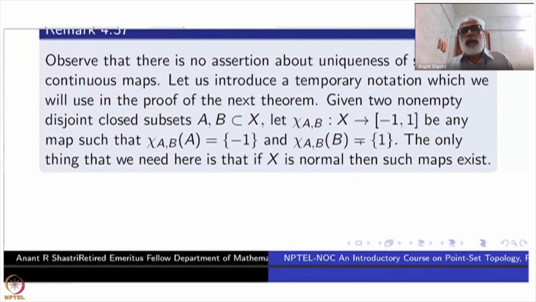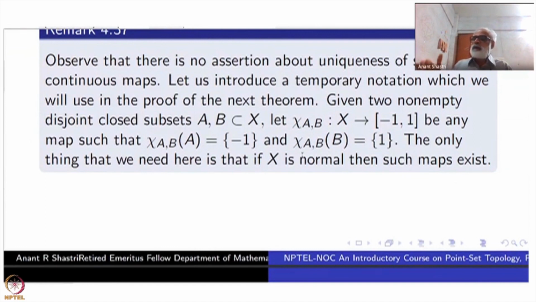Given any two disjoint closed subsets A and B of X, let us denote chi of AB. So it depends upon both A and B. A continuous function from X to minus 1, plus 1, such that on A it is minus 1 and on B it is plus 1. There are many of them. Any of them I will just call chi of AB.